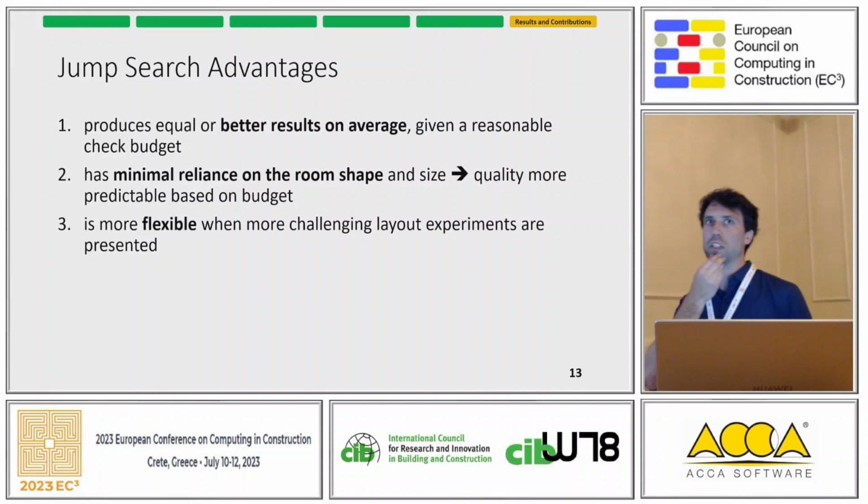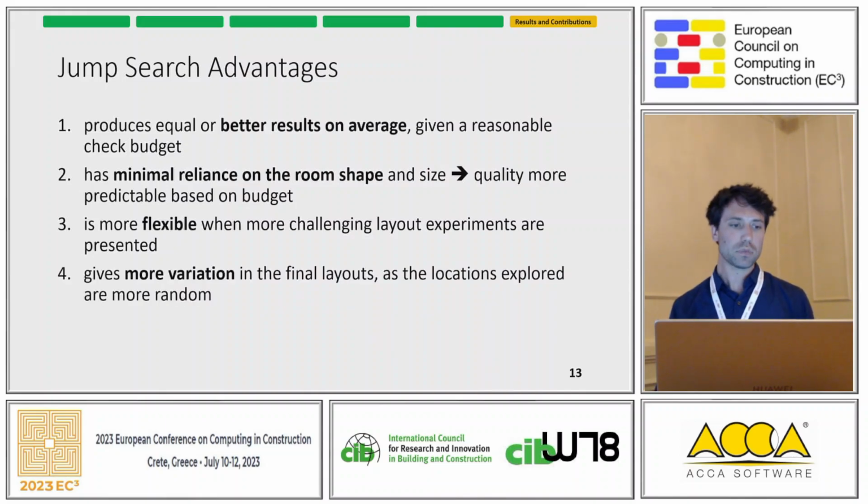Compared to the grid method, if you give it a more complicated room type, it performs worse at a lower rate than the grid method would. And finally, it gives more variation in the final design. With the grid method, it almost always gives you the exact same layout because it just selects one point. But with this one, because you're sampling, you get a bit of randomness, and you actually get different designs in the end.